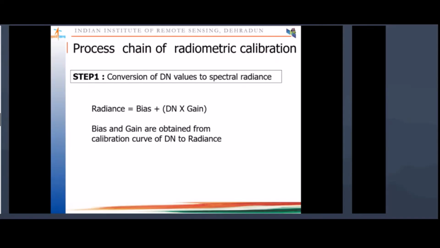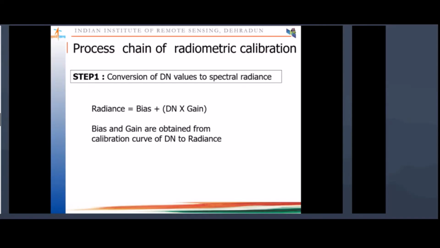So there is a calibration process which relates the spectral radiance with the spectral digital number values. And this calibration comes in the form of usually a linear calibration. So for a linear relationship between radiance and digital numbers, you will have a slope and an intercept.